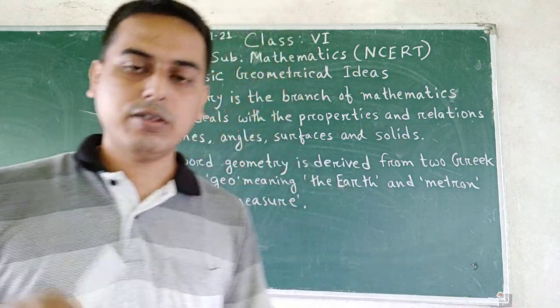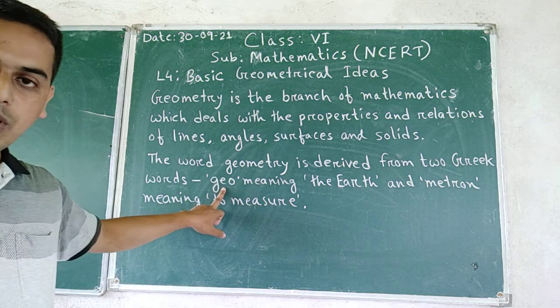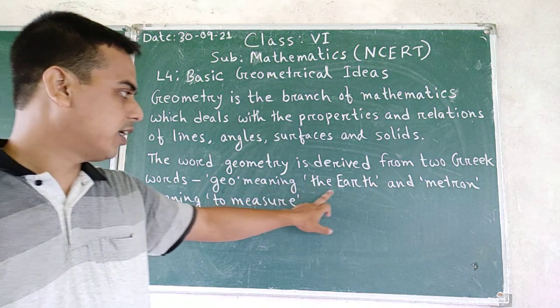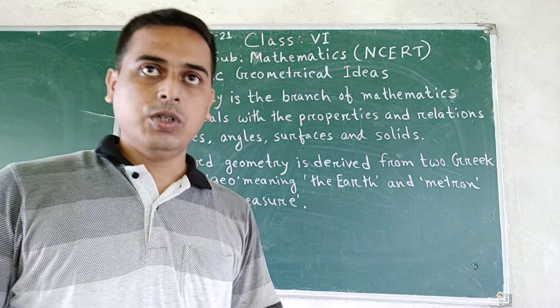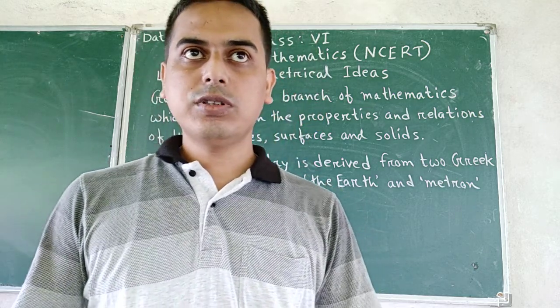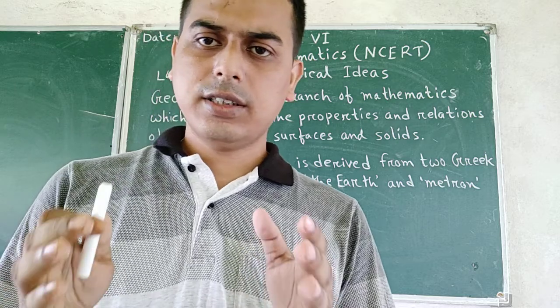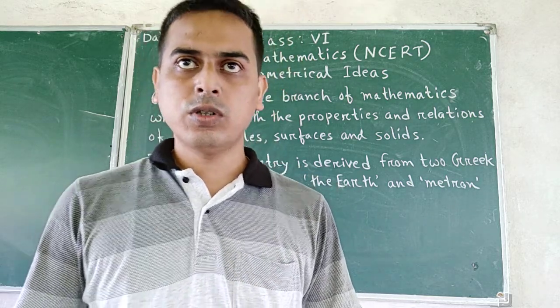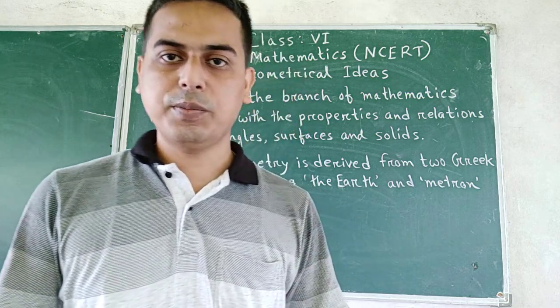Also, you see the word geometry is derived from two words. First of all is geo, meaning the earth, and metron meaning to measure. So in ancient times, people used the concept of geometry to buy and sell lands. Geometry has been used in ancient times by the people.